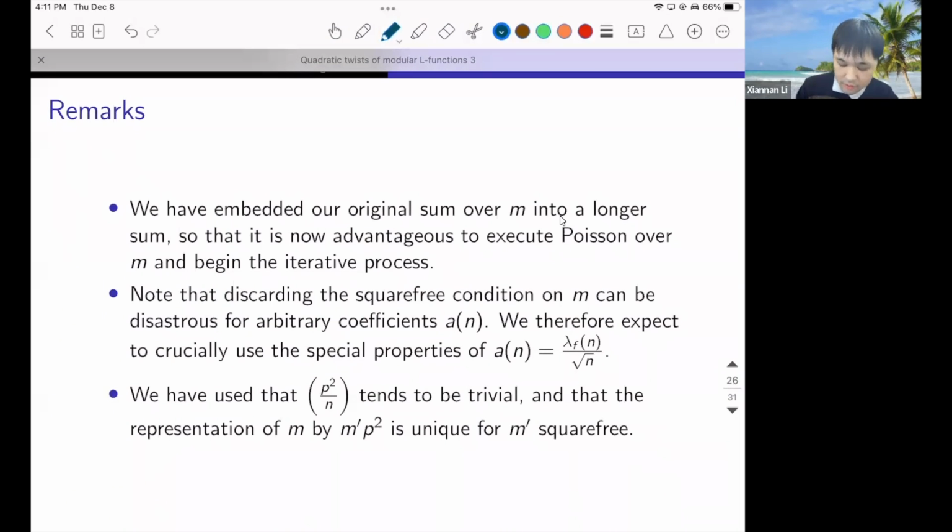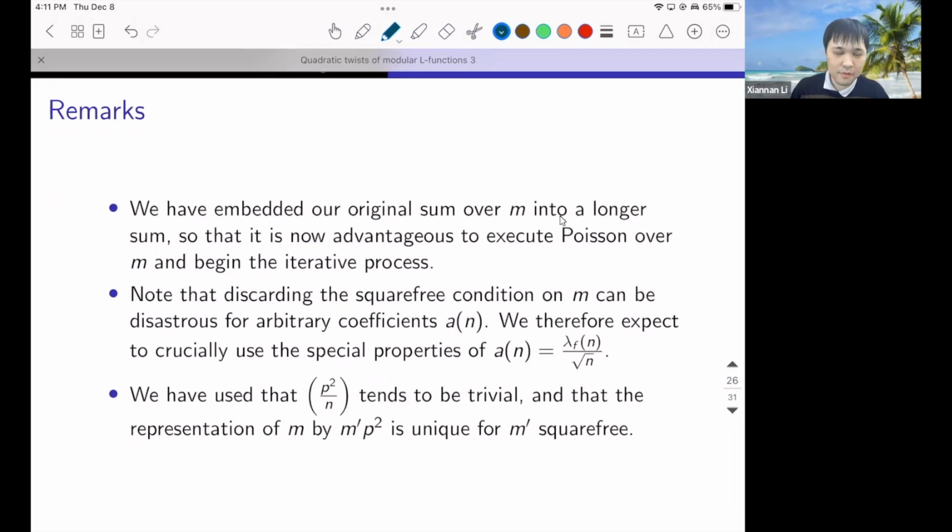We have discarded the square free condition on M, right? We started with M square free, and we ended up with M not square free, and clearly it's not square free because it's of the form MP squared. We want to include things of that form. This can be very bad for arbitrary coefficients AN. In particular, if you just think of AN as 1, then you might be including many copies of the same sum.